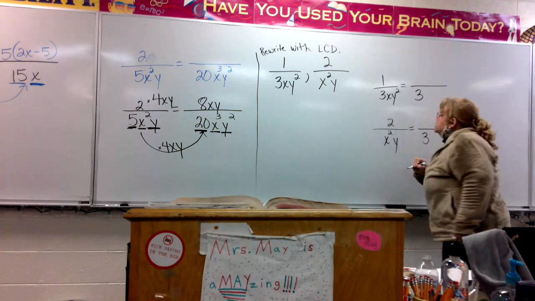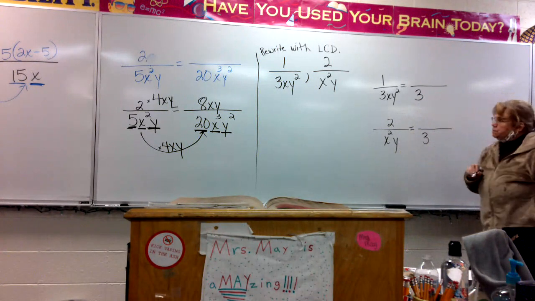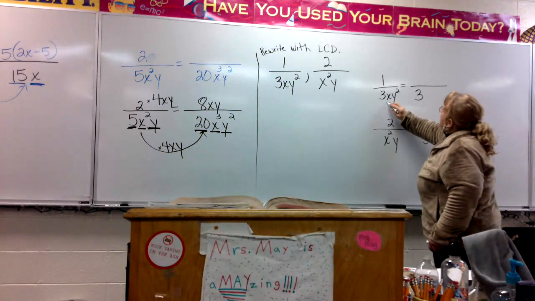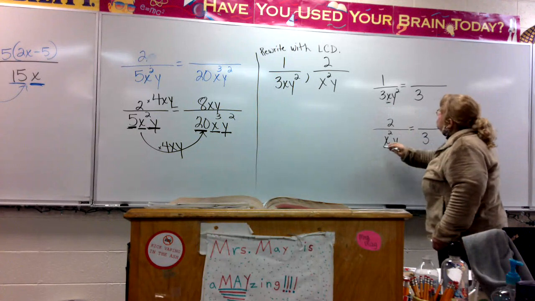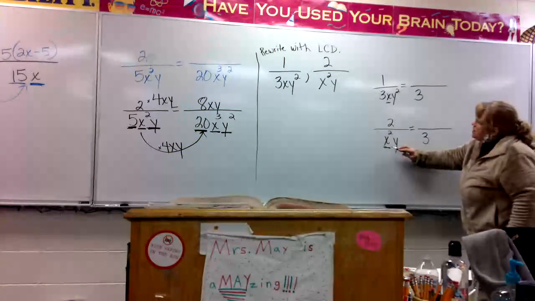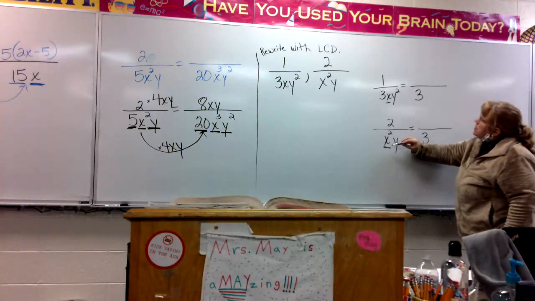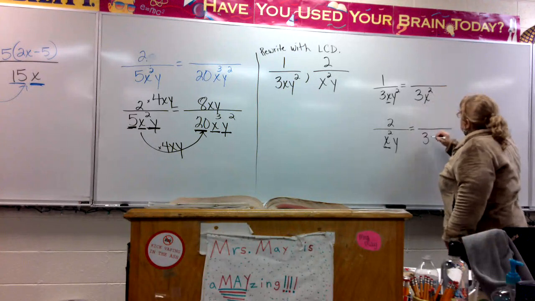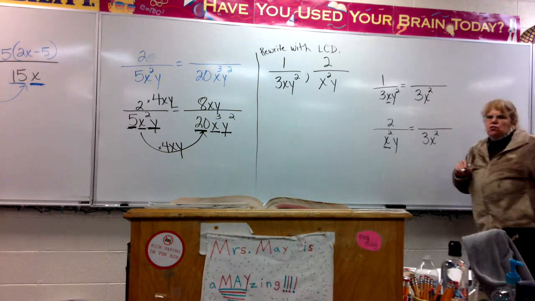So your common denominator is going to have a 3. It's the biggest. So now you're going to look, I have 1x and I have 2 x's. What's more, 1 or 2? Obviously, 2. So you need to take the biggest number that you have for your common denominator. 1x, 2x. So my common denominator is going to have an x squared.